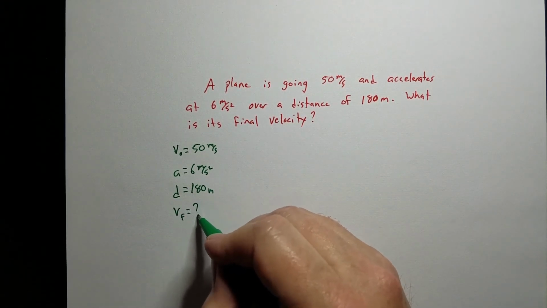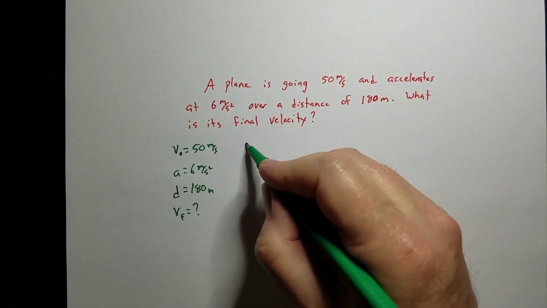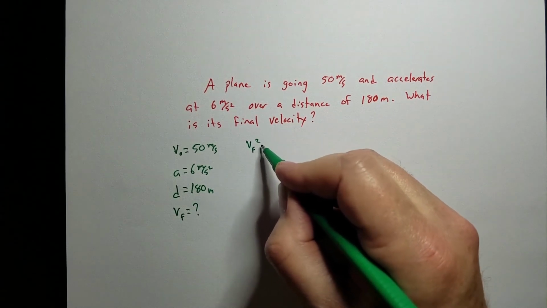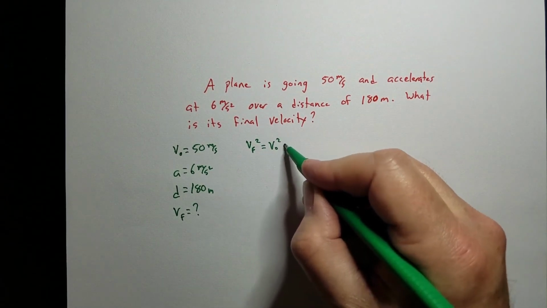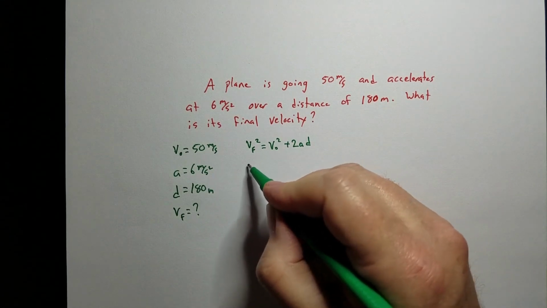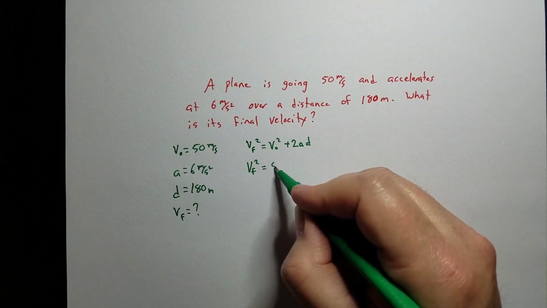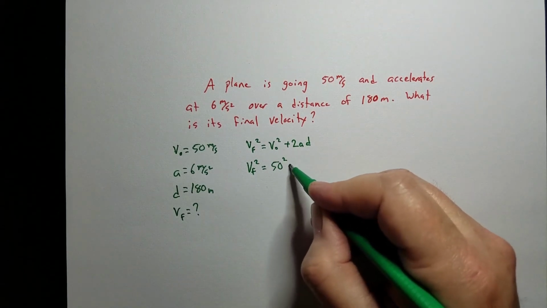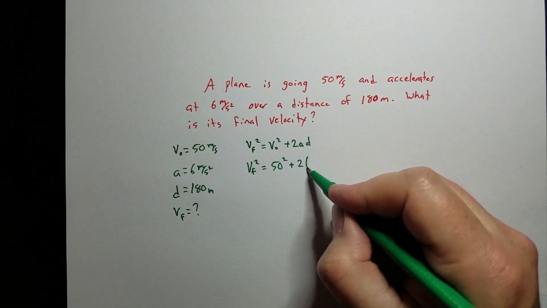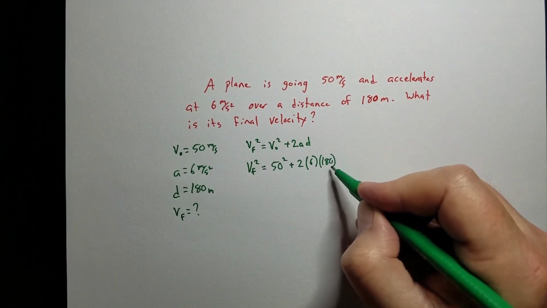We're looking for vf this time, so let's use our new equation: vf squared equals vo squared plus 2ad. Original velocity is 50, squared, plus 2 times 6 times 180.